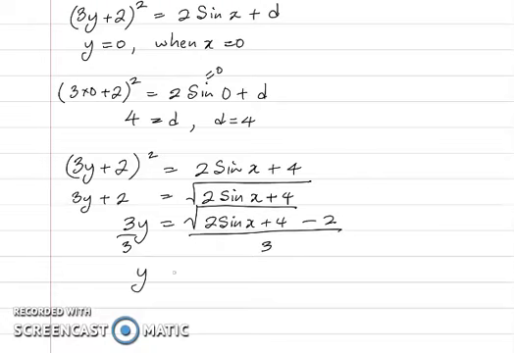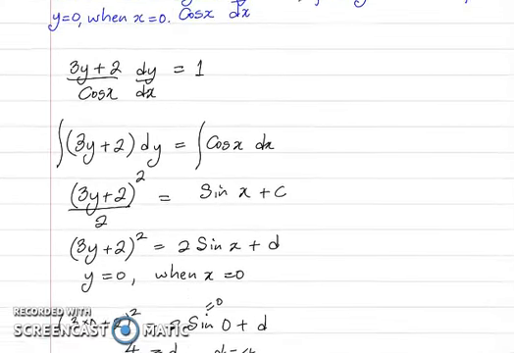I'm going to get y is equal to 1/3 the square root of 2 sine x plus 4, minus 2 over 3. All right, so that's our particular solution.